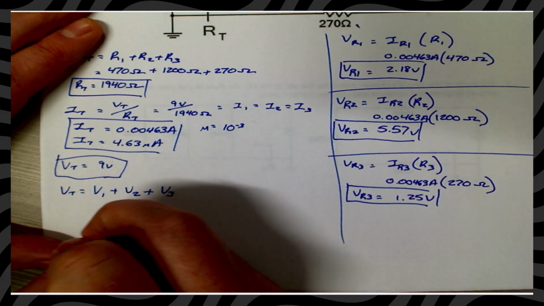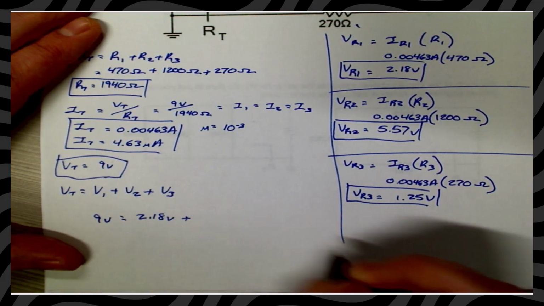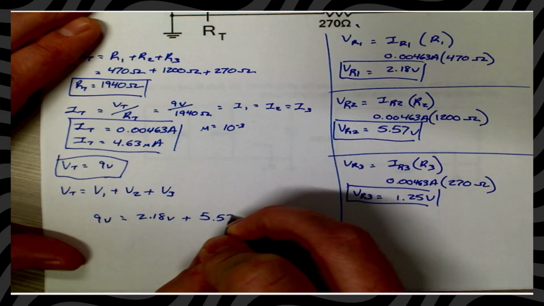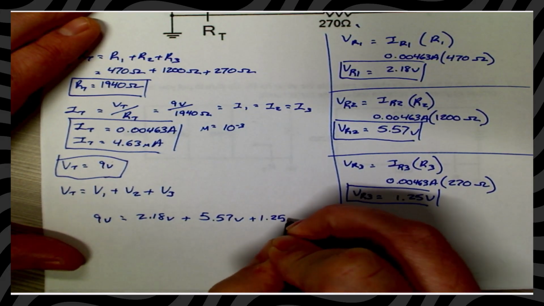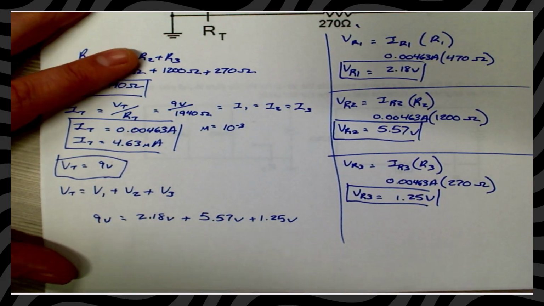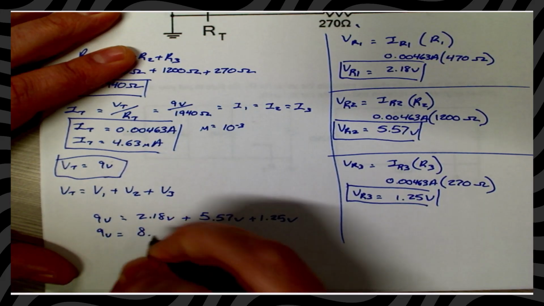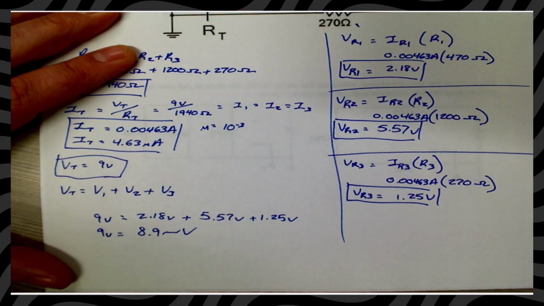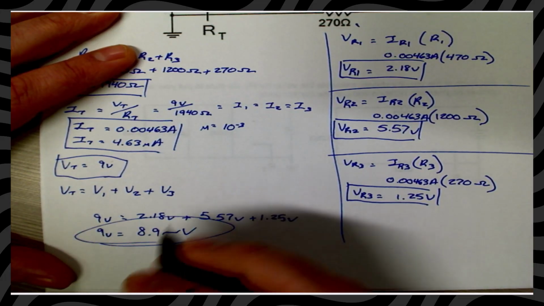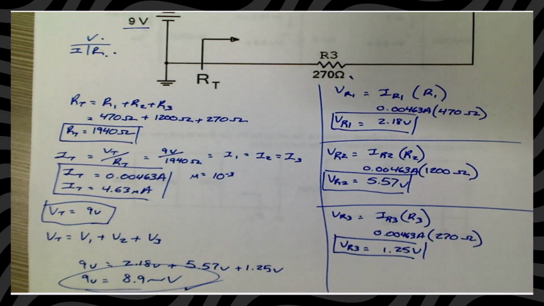In other words, we have 9 volts equal to 2.18 volts plus 5.57 volts plus 1.25 volts, which when we do the math should give us 9 volts equal to right around 8.9-ish volts, which, if you ask me, checks out. So I would say that works for us. Stay tuned for parallel.